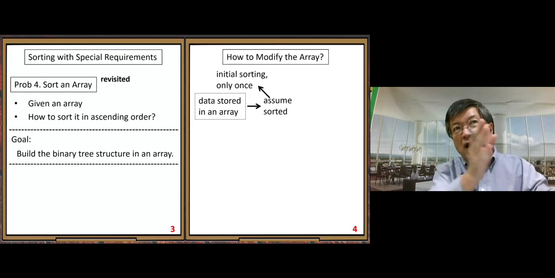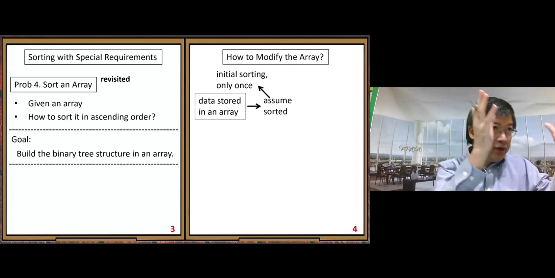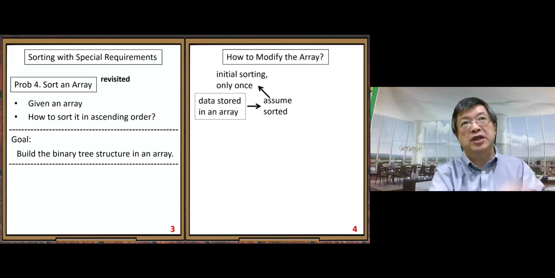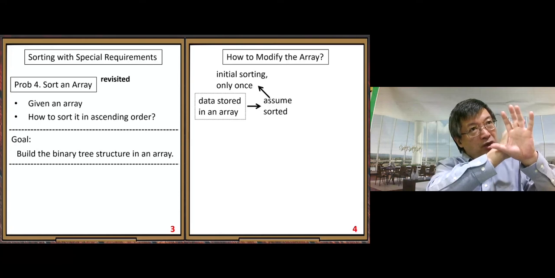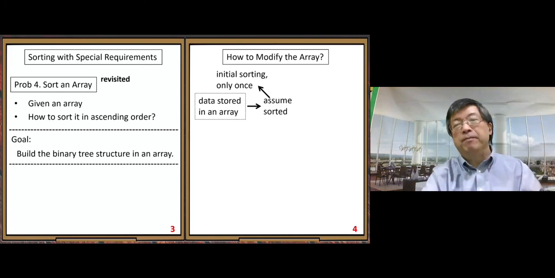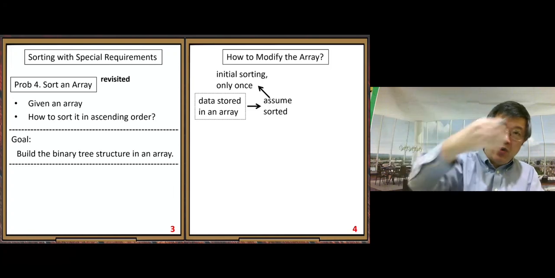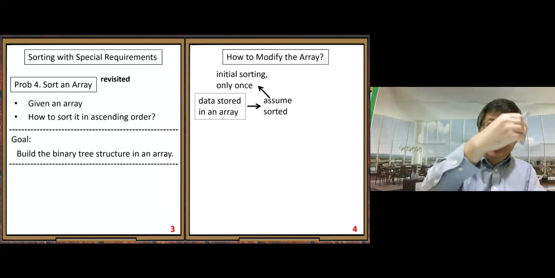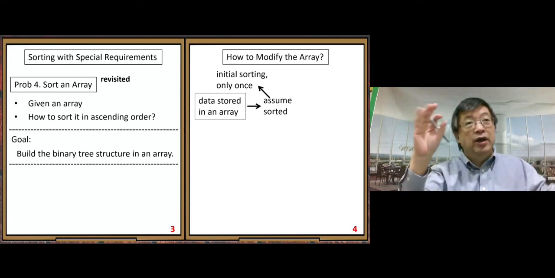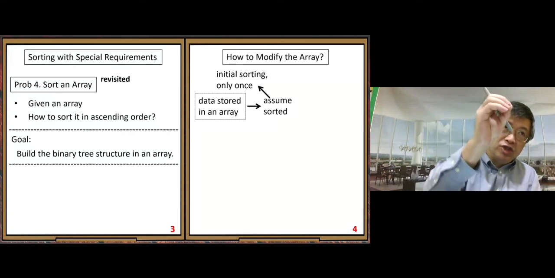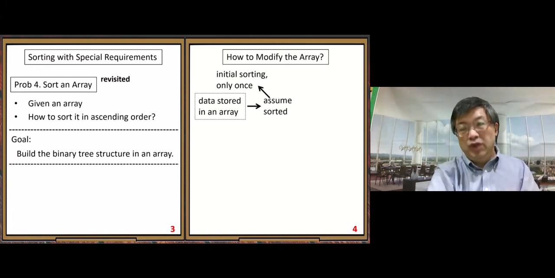Initially, the data size may not be very large, so we just get it sorted. But we do complete sorting only once. After that, we need to use the insertion way to fix the order. It's not a complete sorting, just an insertion step to fix the order information.